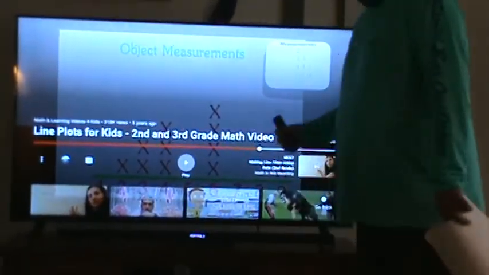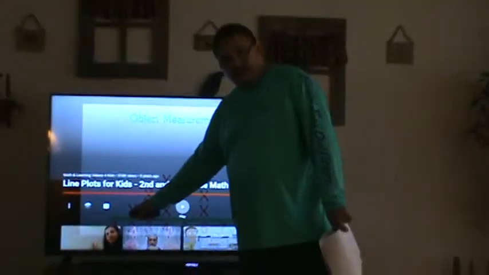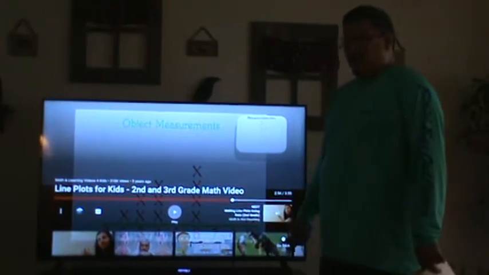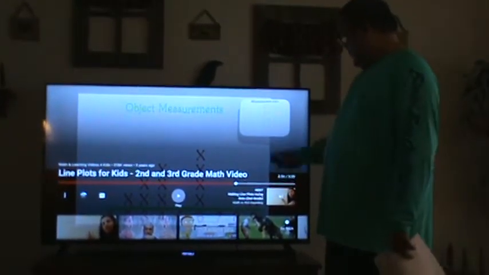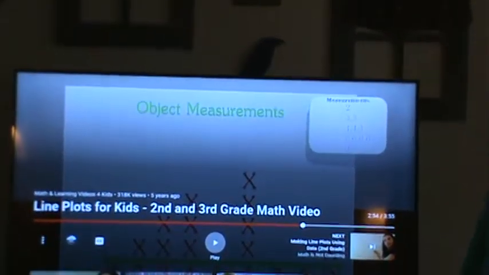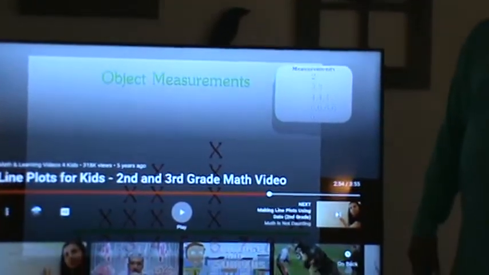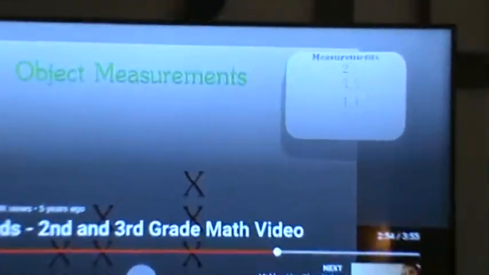What you can see is they kept track of everything that they measured and used an X to show the item. They only had one thing measured 2 inches, so 1 x. How many things did they have measured 3 inches? That's right, they had 2 things.